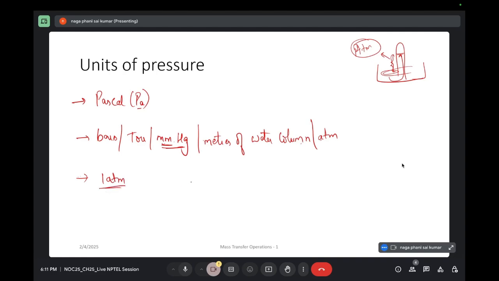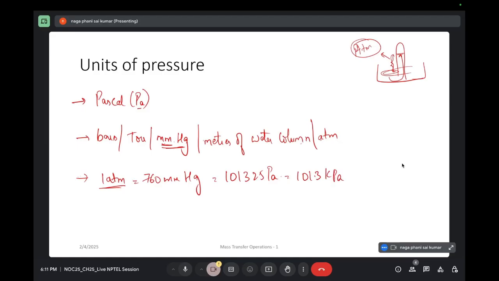So 1 atmospheric pressure will be equal to 760 mm of Hg, and this should be equal to 101325 pascals. If you do it in kilopascals, it will be 101.3 kilopascals.